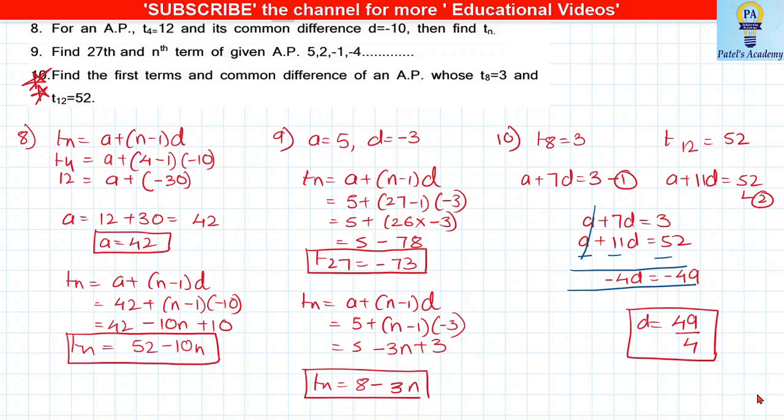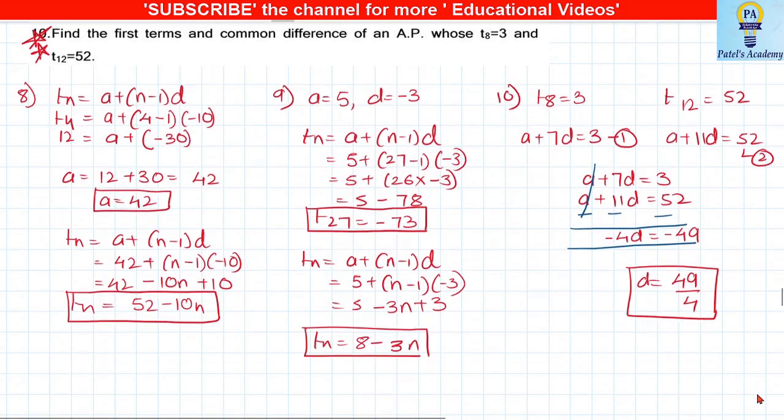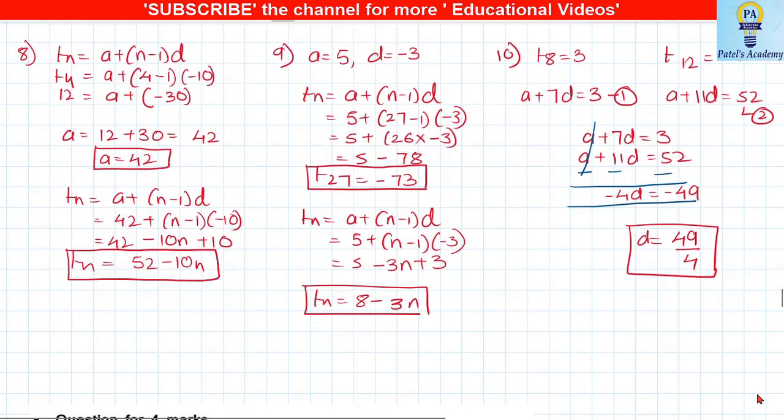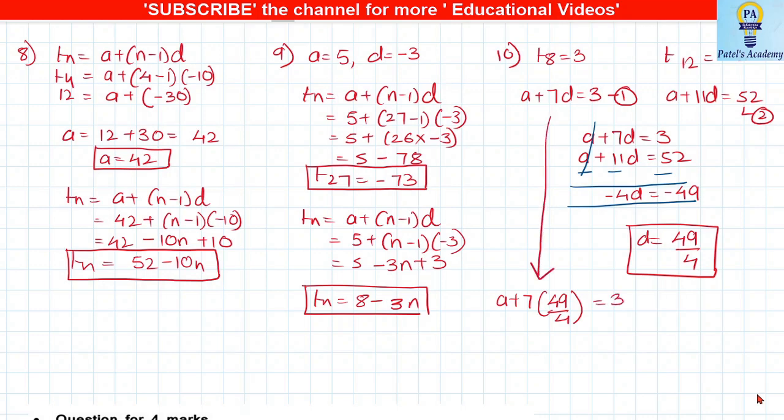Okay, and we have to find out the first term also. So we have to find the value of A. Let us take the first equation, that is A plus 7D equal to 3. The value of D is 49 upon 4. I am substituting in the first equation. So that is A plus 343 upon 4 equal to 3.